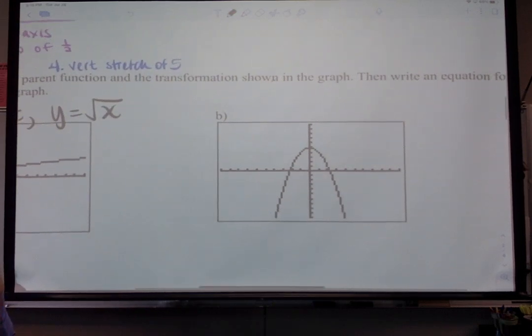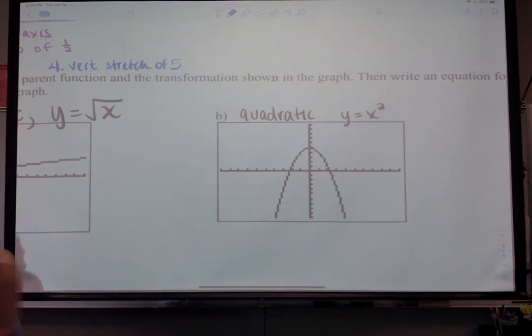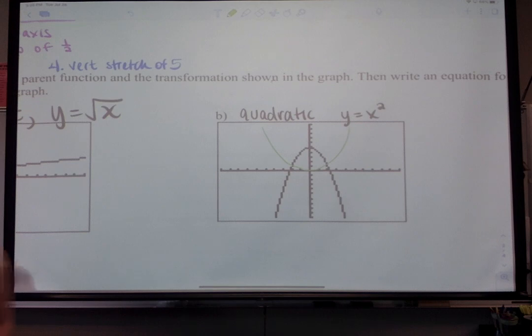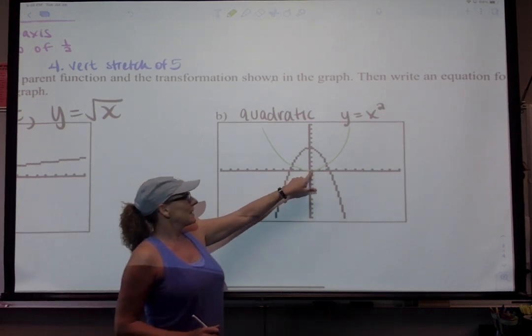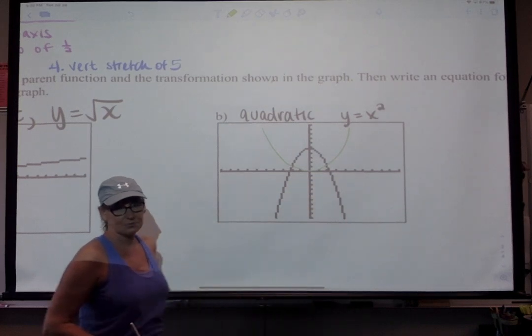Next one. It's quadratic. And what has happened? Well, I think 2 things happened. So this is what it normally looks like, right? One thing that had to happen is there had to be a vertical flip to turn it upside down.